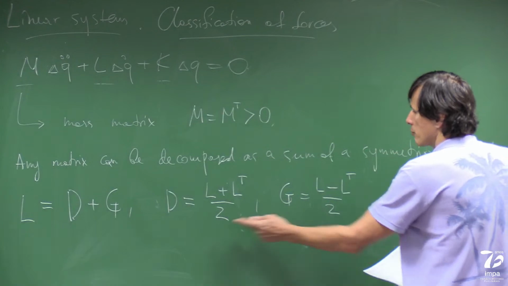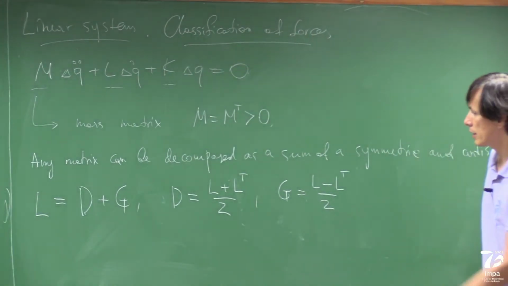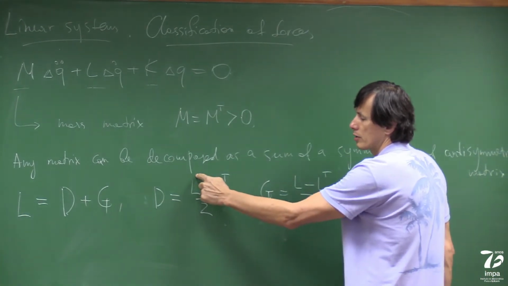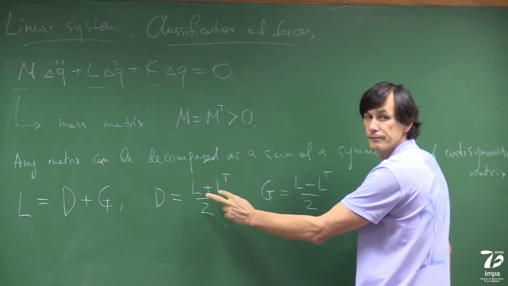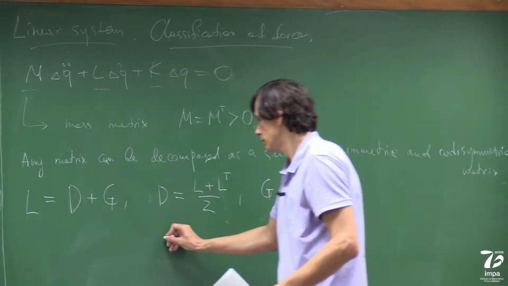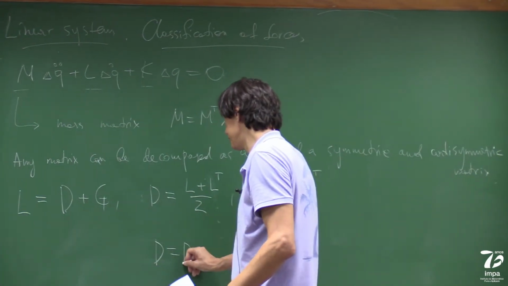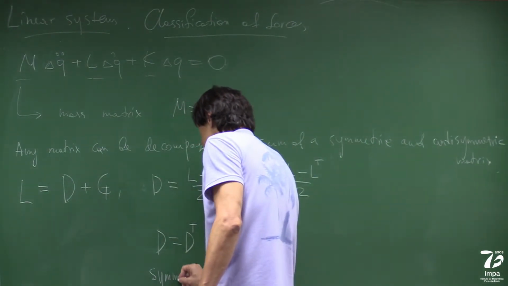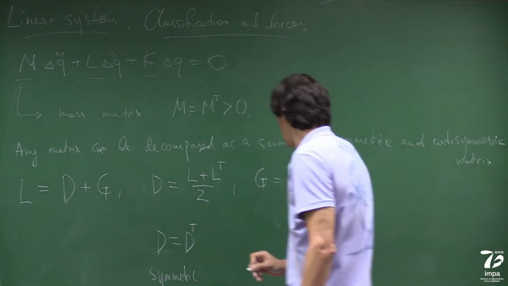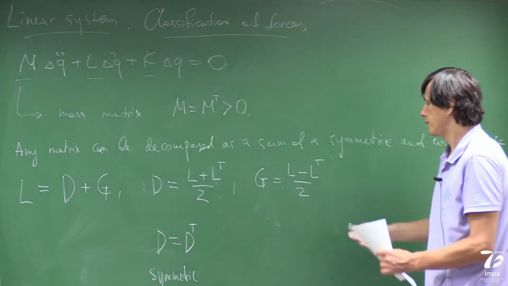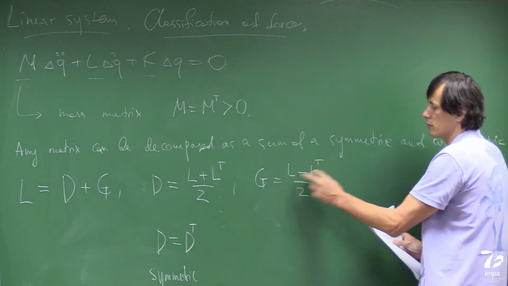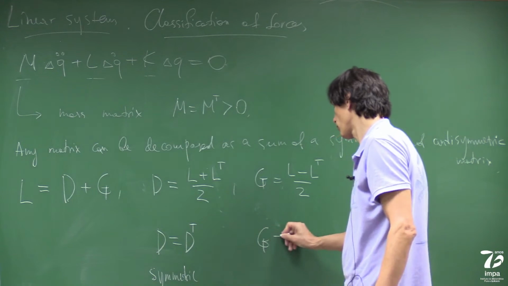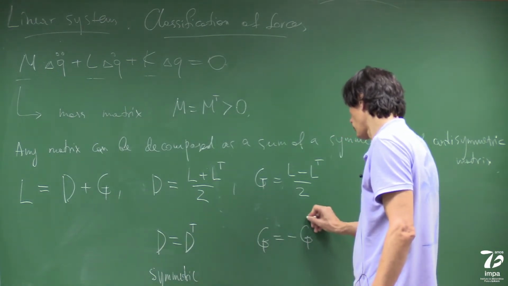First of all, the sum gives L. Then D is symmetric, because when you transpose, this becomes L, so it's the same: D equals D transposed, symmetric. And for G, if you transpose this, L transposed minus L, it just changes the sign. So this is antisymmetric.